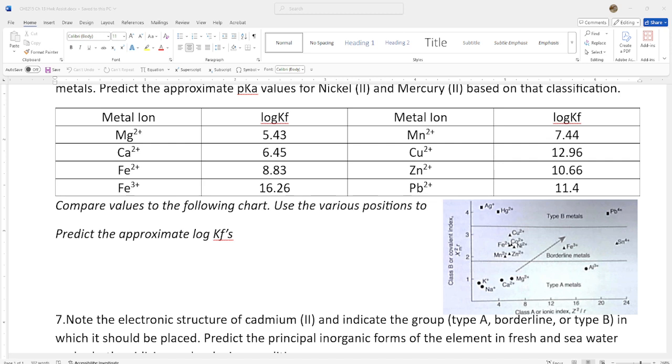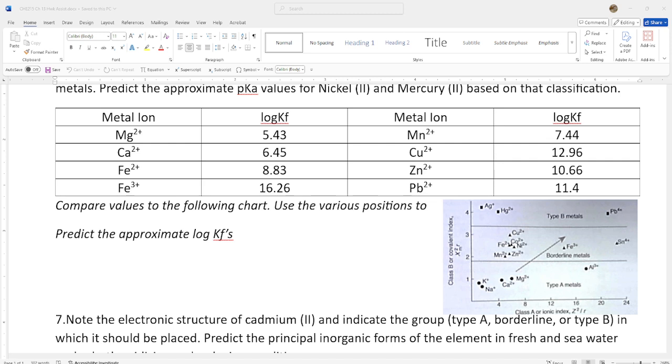We see that, though I think they have put this in terms of stability, copper 2 plus is going to be less than or equal to nickel, which is less than or equal to zinc.